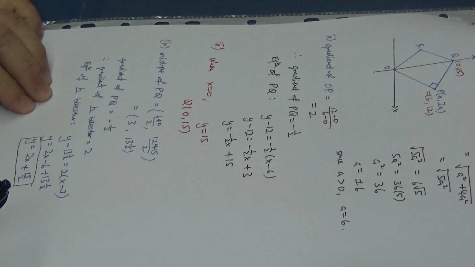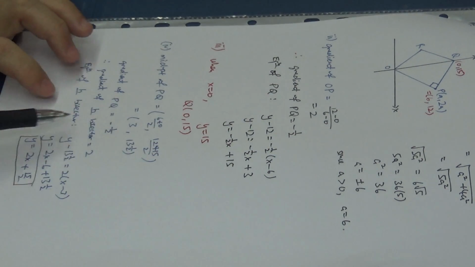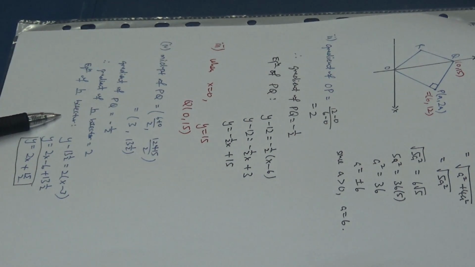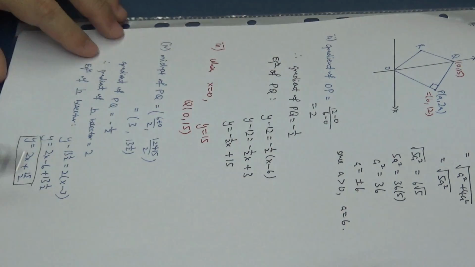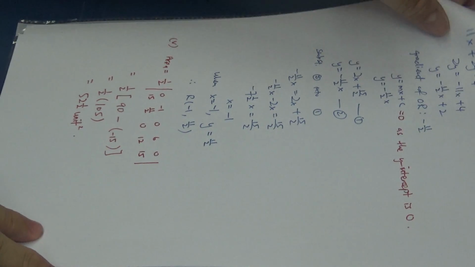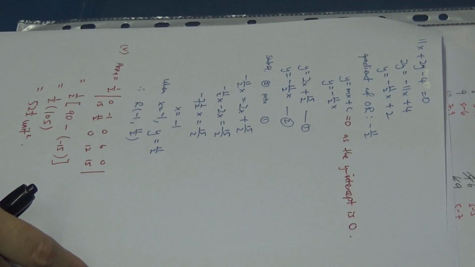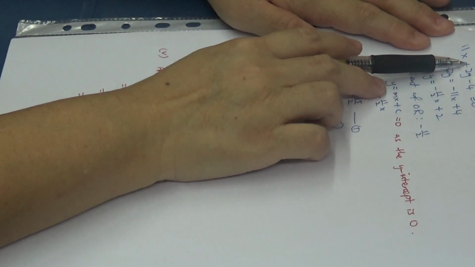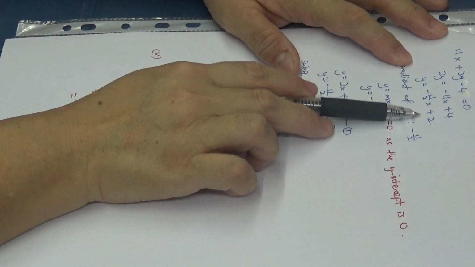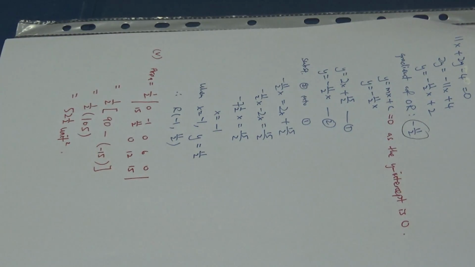Okay? Now, next, I'm going to find the equation of OR. I need to find the equation of OR because I need to solve the equation of the perpendicular bisector with OR. Then I can get the coordinates of R. Now we know that OR is parallel to this particular line, so I'm going to write it in gradient intercept form, and I know that the gradient is negative 11 over 2.